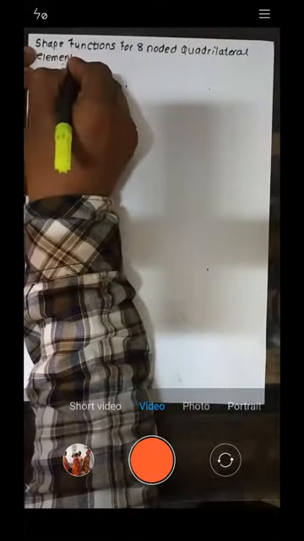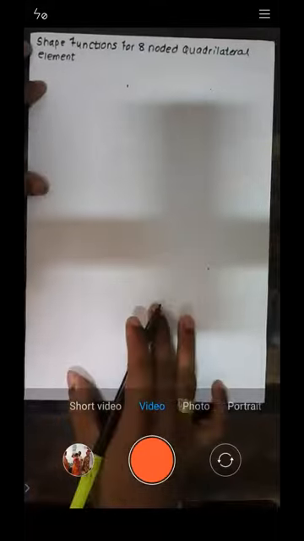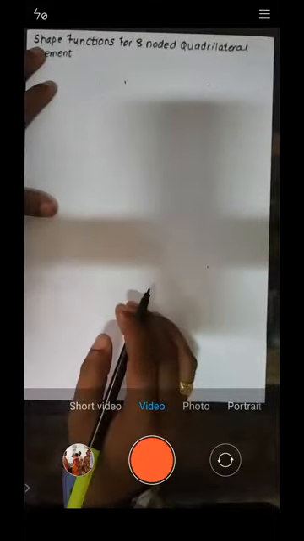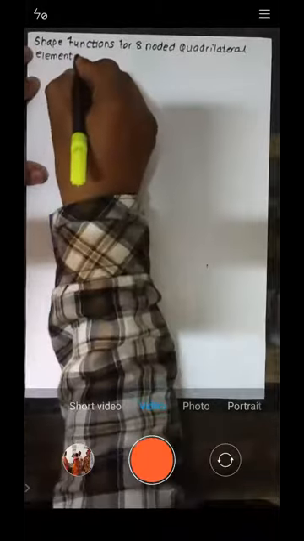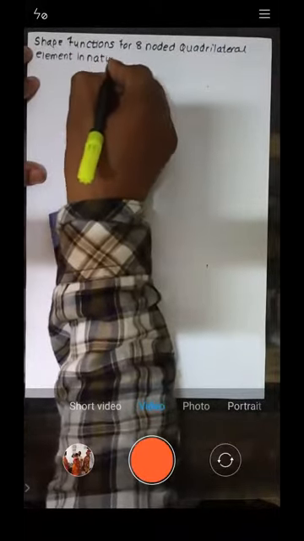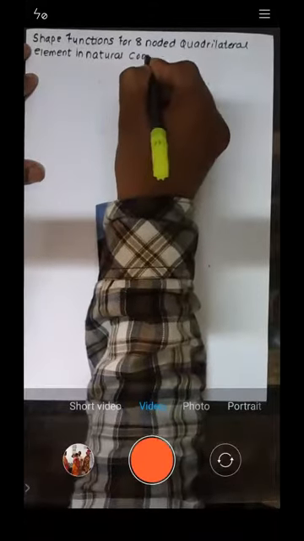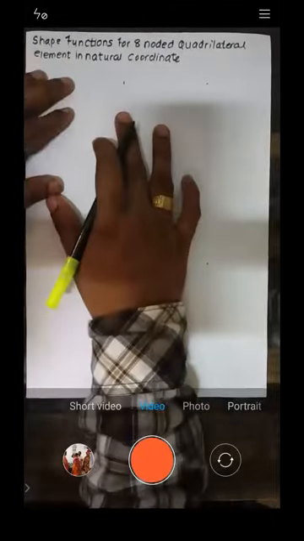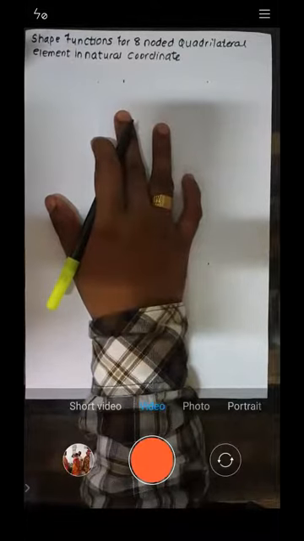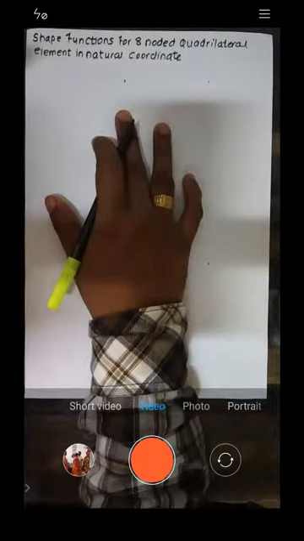Whenever you have a quadrilateral, either it might be 4-noded or 8-noded, you need to derive those shape functions in natural coordinates only. Let me revise. We started the shape functions for 2D elements initially with the 3-noded triangular element, in which we derived them in the local coordinate. After that, we went for the 4-noded rectangular element, shape functions in local coordinate.